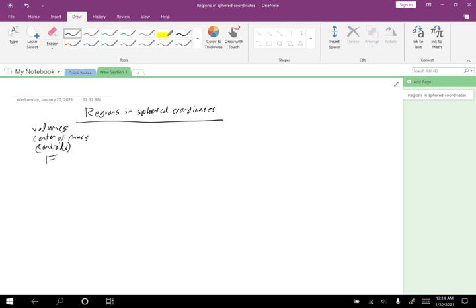usually you'll be given some E region, and it might not be transparent, so it's unclear what it looks like in spherical coordinates. But it turns out it's actually easier to do in spherical, so I'm just going to give you some practice.